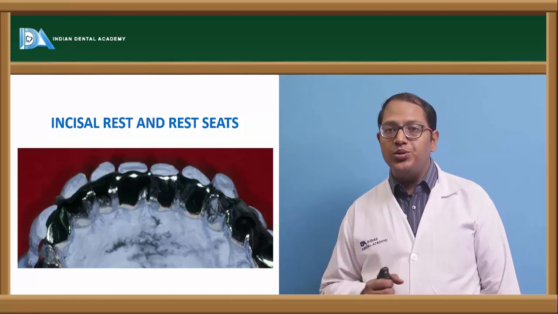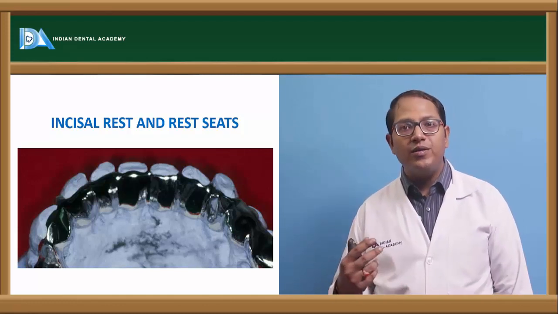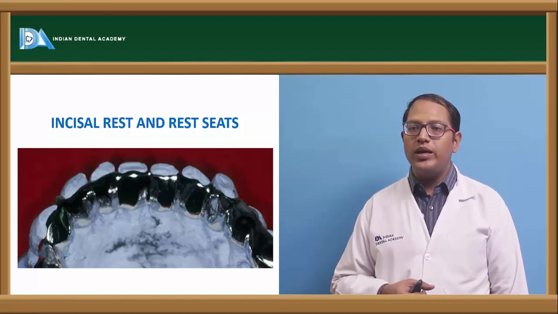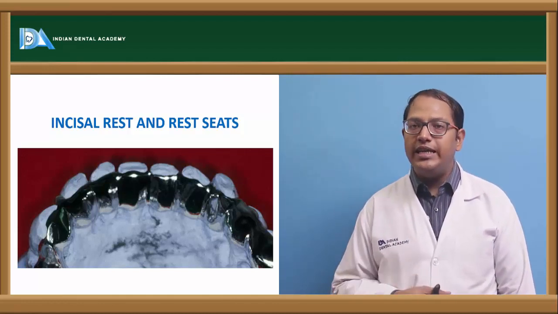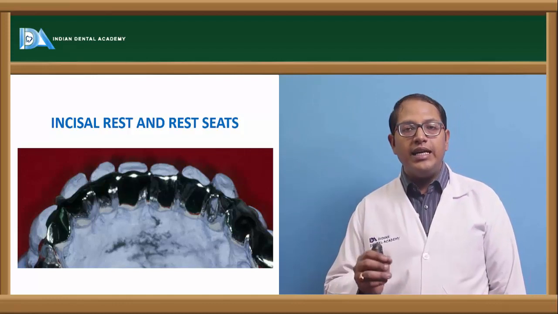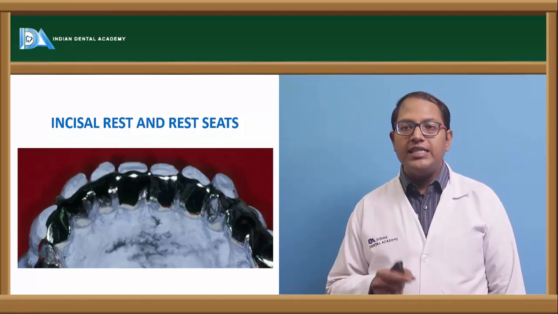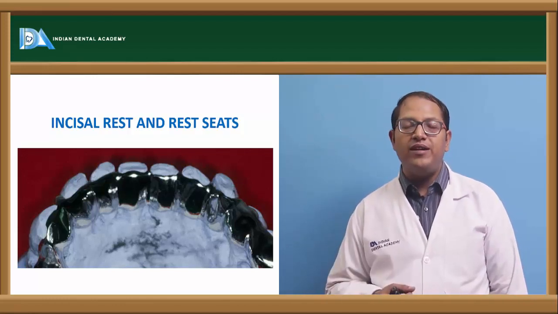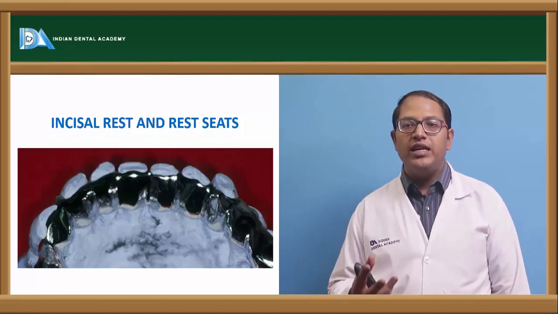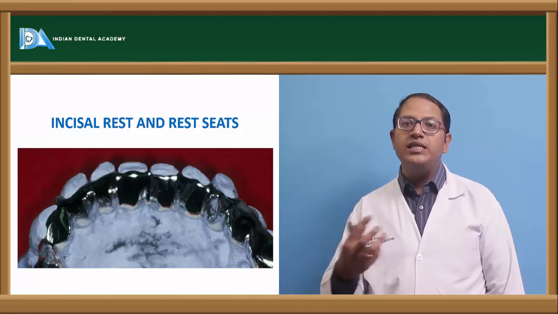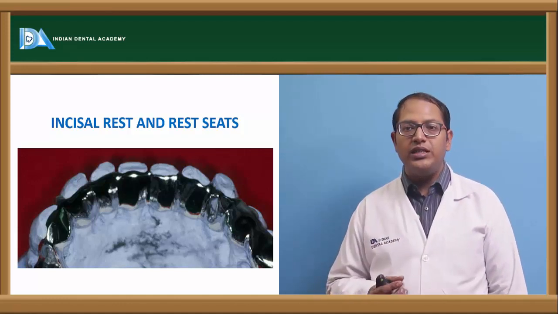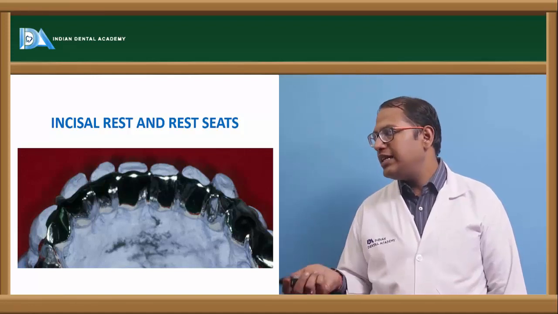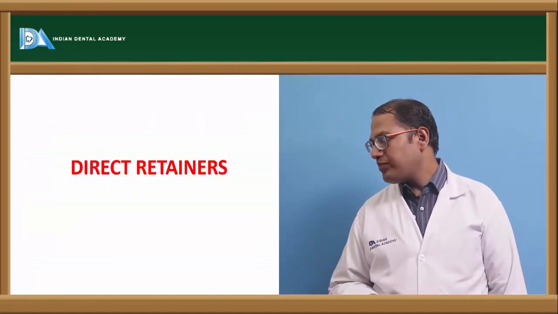If the patient is not maintaining oral hygiene, decalcification of the teeth is very common, so it is not generally indicated on the incisor teeth, except under unusual circumstances, like an excessive parafunctional habit, where the mesio-incisal or disto-incisal area of the teeth will have these rest seats to take up the load. But for aesthetic reasons, we do not use it generally.